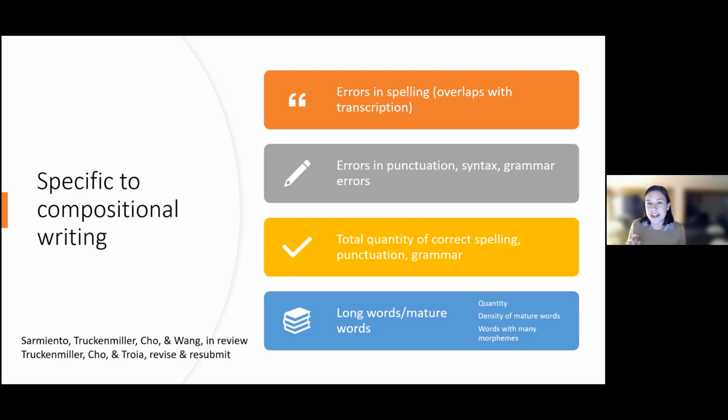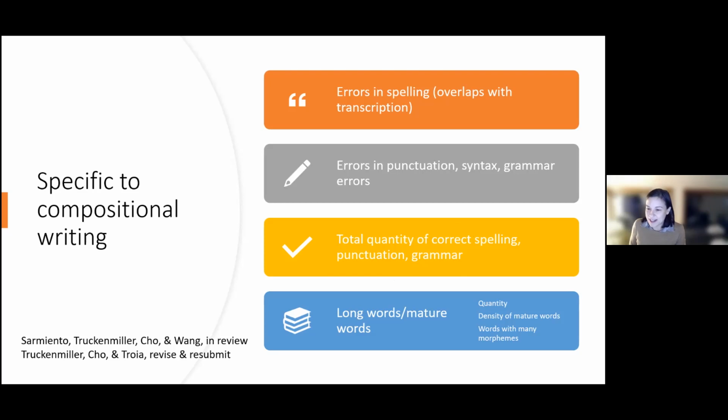We also just finished up some analyses the other day that show that this quantity of correct spelling, punctuation, and grammar predicts students' reading comprehension better than our other measures of writing quality.